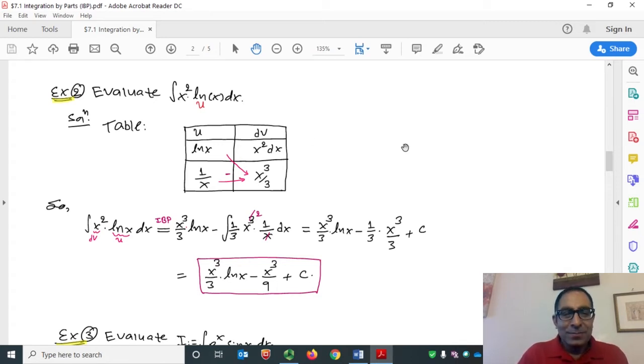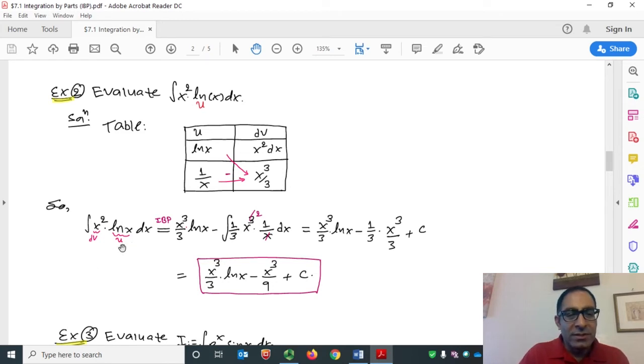Now let's continue. In the next row on our table, under the u column, take the derivative of ln x, which is simply 1 over x. Under the dv column, take the integral of x squared, which is simply x cubed over 3. Multiply the second row by negative.